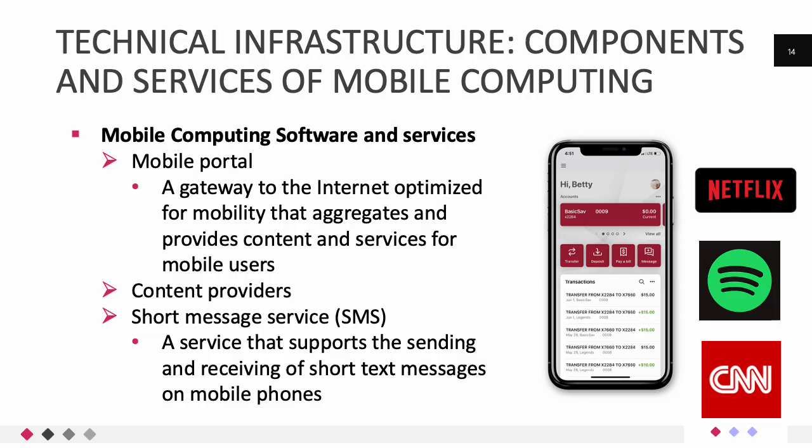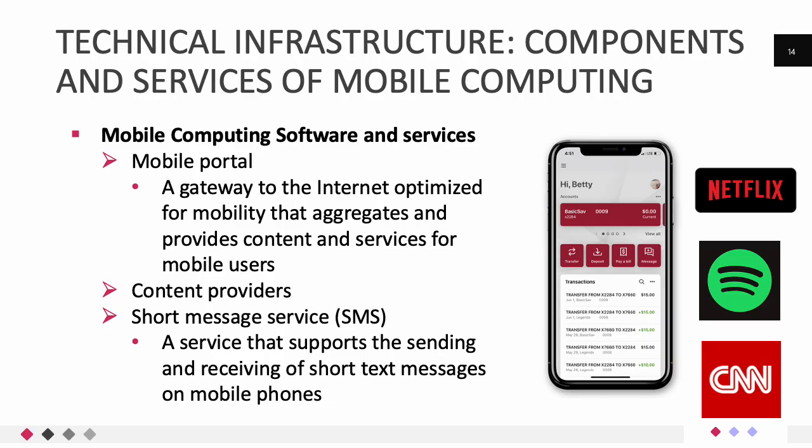All right, so first we have mobile portals. Think of this as a special door to the internet designed just for your phone. They gather everything you might need, like news, video, shopping, and make it easy to access on the go.